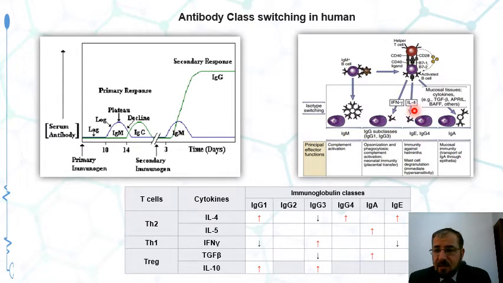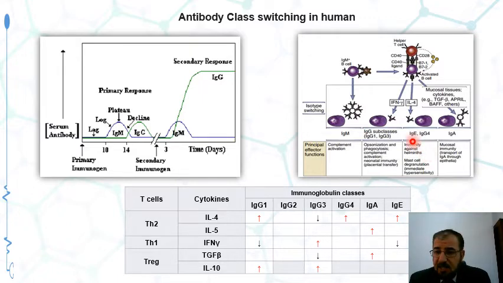Another is interleukin 4, IL-4, which can switch the IgM formation to IgE and IgG4. IgE antibody is important in immunity against parasitic worms, for example, helminths.